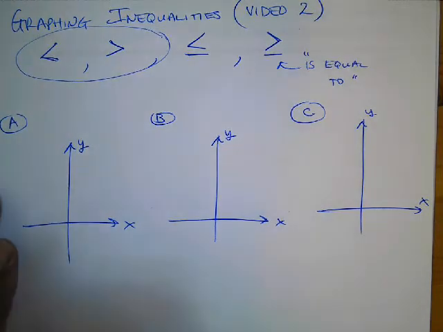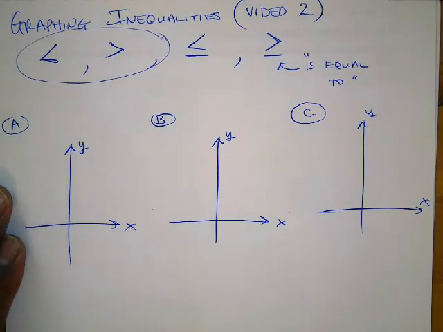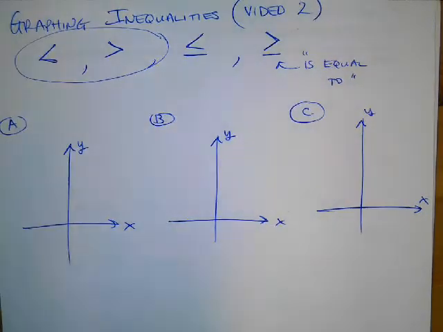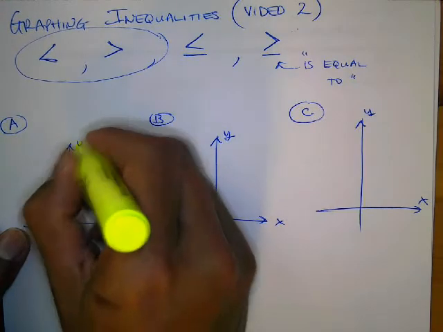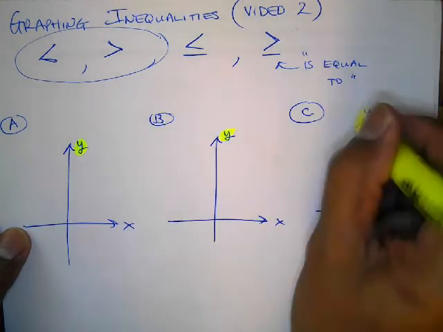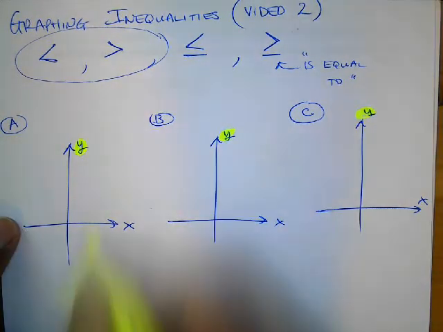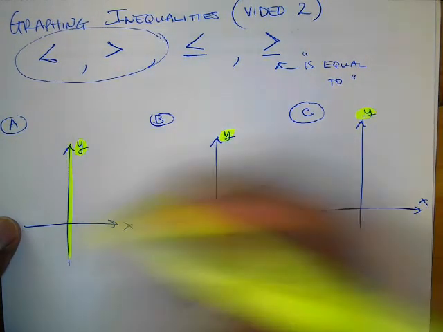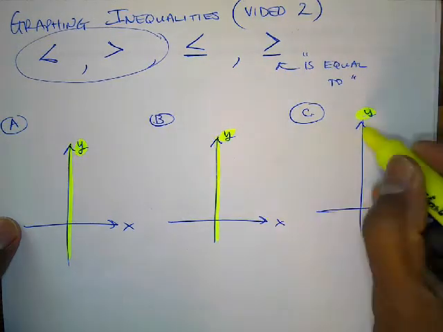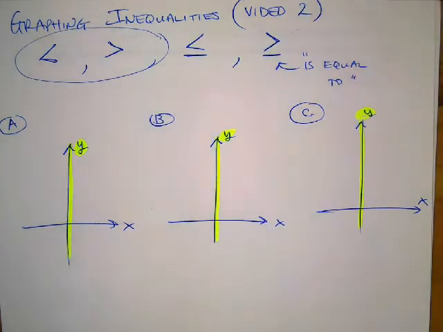On number one, we're going to graph. Now, for these inequalities, everything depends on the y. You're going to compare it to the y-axis. Everything's in relation to the y-axis, and you'll see what I mean by that right now.